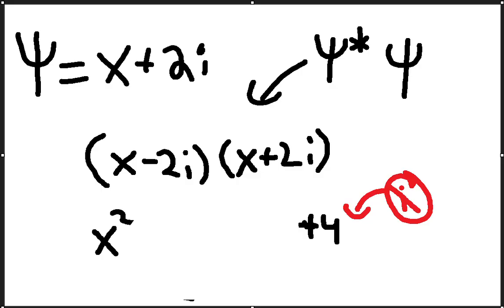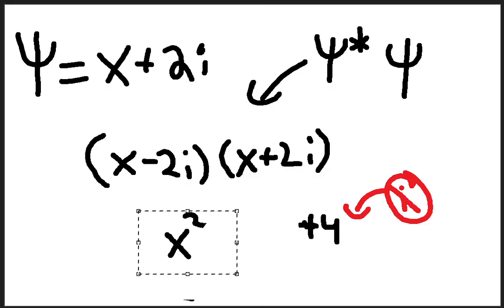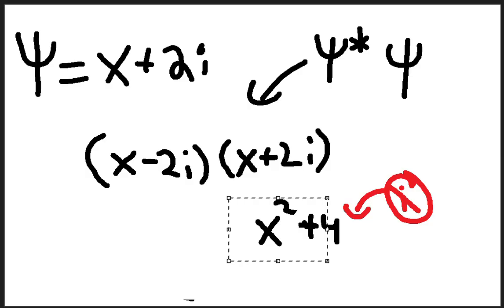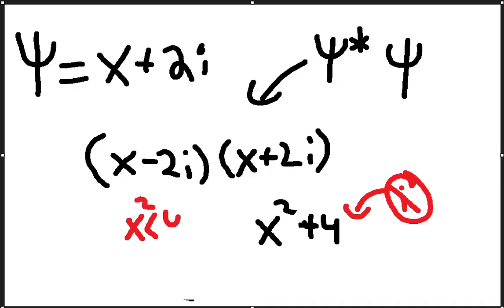There's no imaginary numbers, but also if x squared is less than 4, we don't have negative probability, so there's no chance of having a negative probability of finding the particle this way.